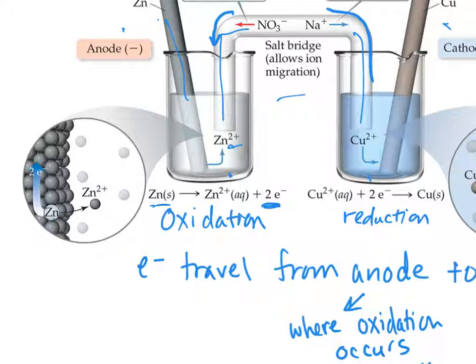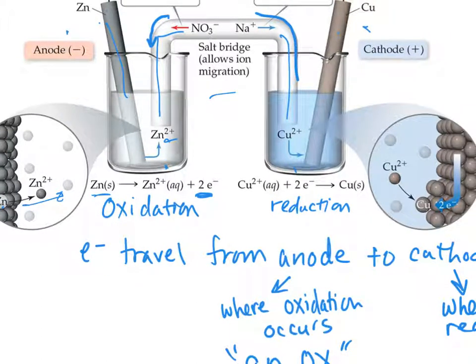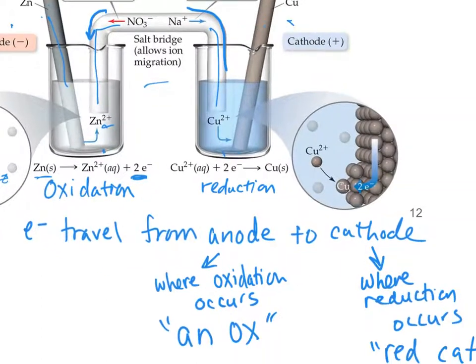So a solid zinc atom will lose electrons and enter into solution. And then on the reduction side, copper ion will form and bind, well, bind isn't the right term, but will adhere to the copper solid. So if you were to let this galvanic cell run for a really long time, you would end up with a much larger piece of copper and a much smaller piece of zinc. That's kind of neat.